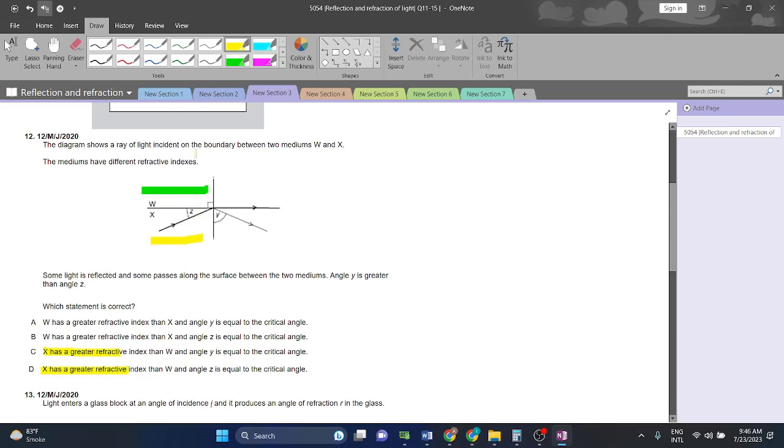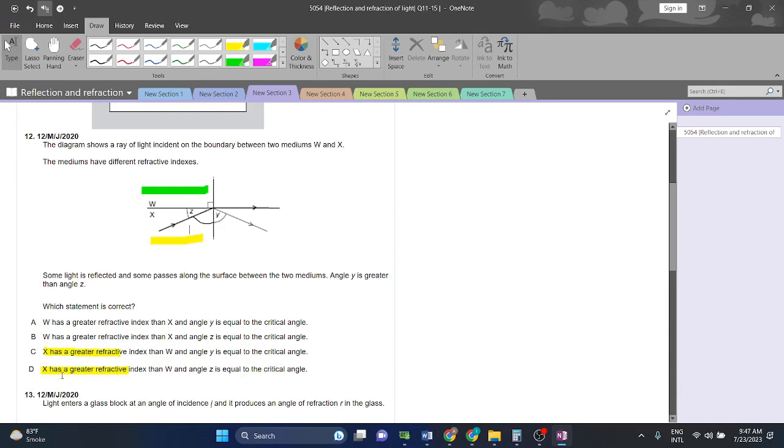This will be the critical angle. It's very clear. ये critical angle होगा. And जब reflection हो रही होती है, then both of these angles must be equal. So critical angle must be equal to Y, right? So C is the right answer.